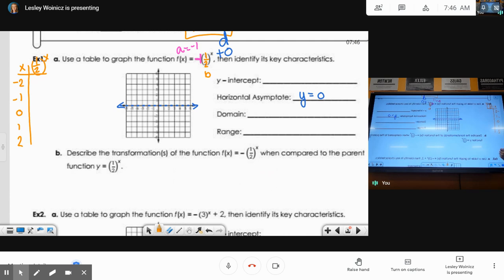I'm making each of these x's the power to which I raise 1/2.